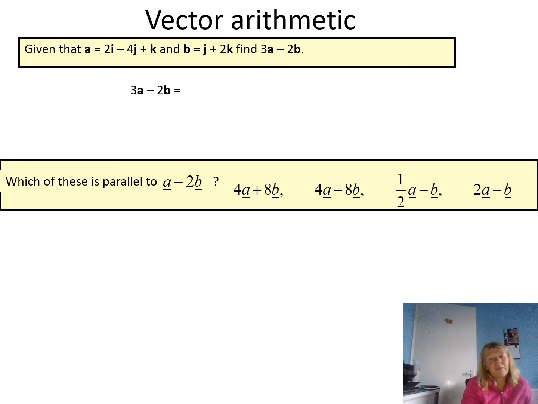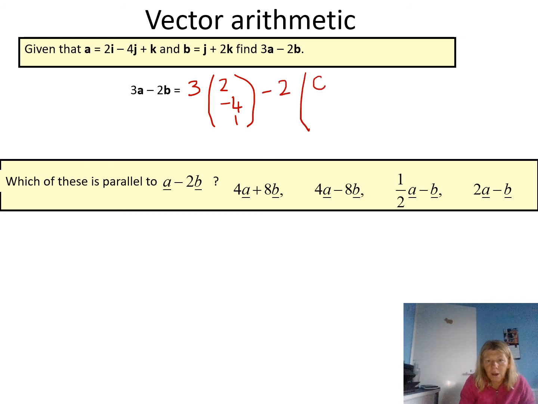So vector arithmetic. Given that A is this and B is that, find 3A take 2B. Well, 3 lots of A, I like column vectors, so I'm going to change them into column vectors. So 3 lots of A, which would be 2, minus 4, 1, take away 2 lots of B: no i's, 1j and 2k's, so like that.